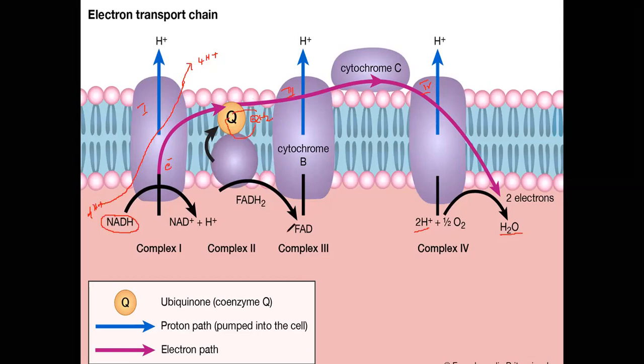From this complex, including quinone, there are 4 protons that migrate from inside to the outside. And from complex 4, there are 2 protons that migrate from inside to the outside.